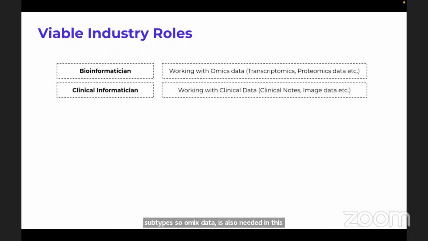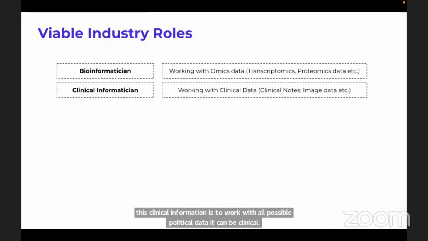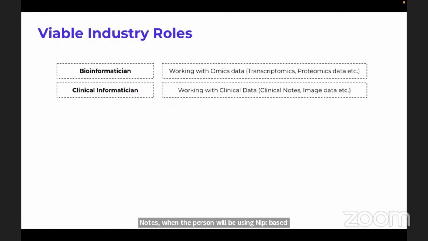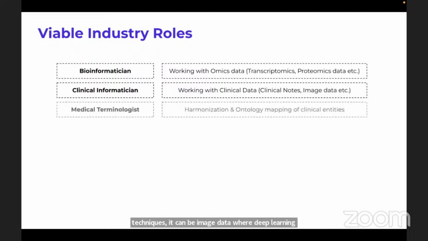Then something called clinical informatician. The role of the clinical informatician is to work with all possible clinical data. It can be clinical notes, where the person will be using NLP-based techniques. It can be image data, where deep learning and transfer learning would be used.